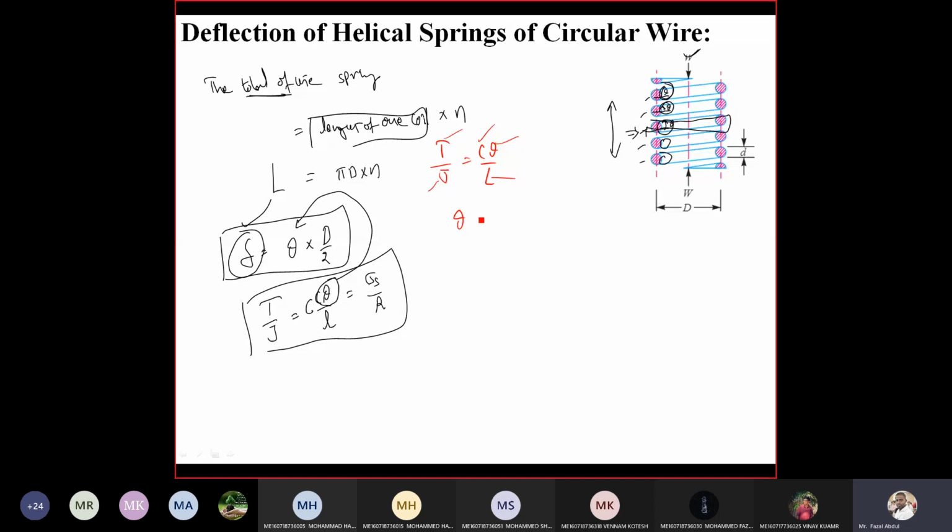So with this equation, theta equals T into L by J into C.